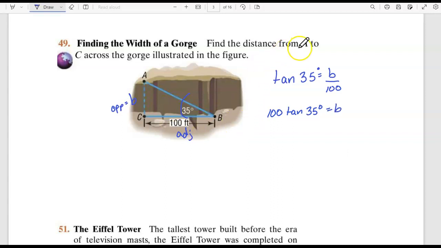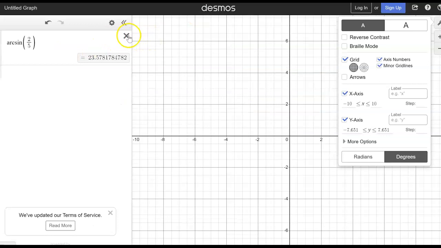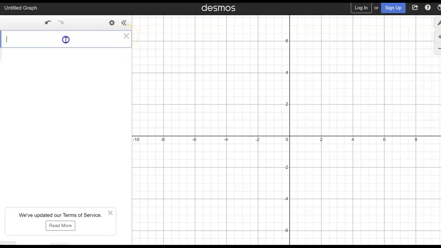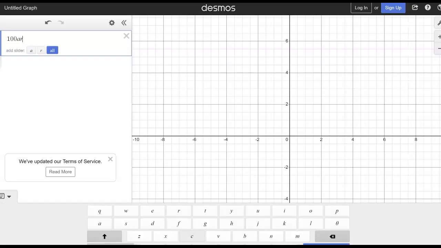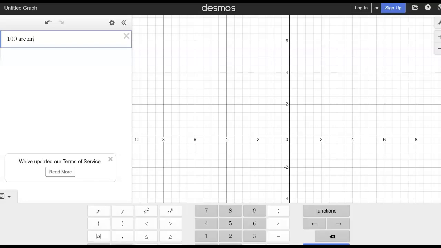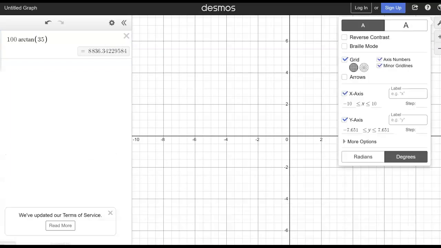And then we can type this into Desmos. So I'll show you how to type this one in Desmos, and I'll start doing these off screen. So we have 100 arc tan of 35. We want to make sure we're in degrees because it's 35 degrees.